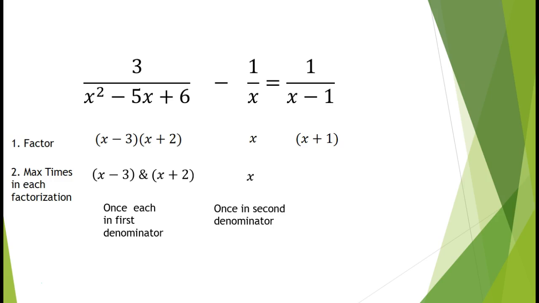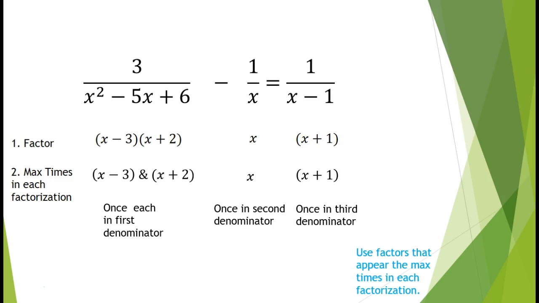The factor of x appears once in the second denominator, and the factor of x plus 1 appears once. Since each factor appears once, we need each of these factors to be in our LCD. So we're going to build our LCD, and it will look like x times x minus 3 times x plus 1 times x plus 2.